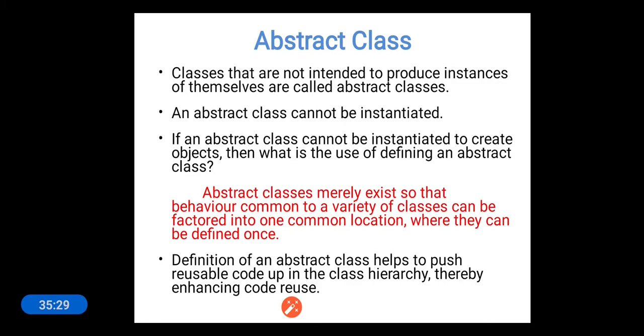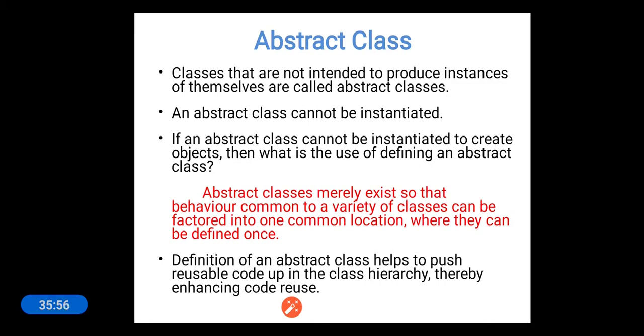The reason is they are simply used to represent the common behavior of a variety of classes that can be factored into one common location where they can be defined once. That means abstract classes merely exist so that behavior common to a variety of classes can be factored into one common location where they can be defined once.